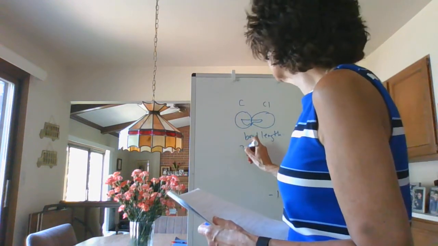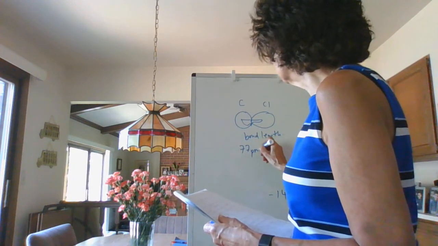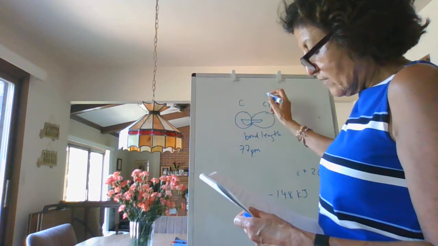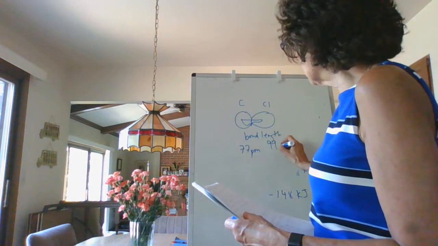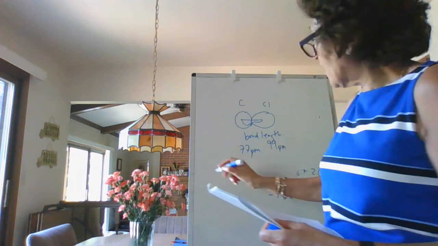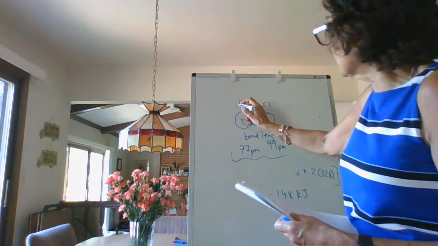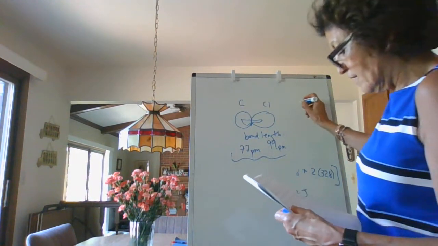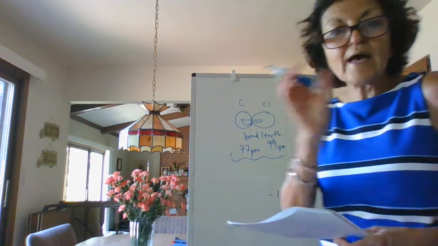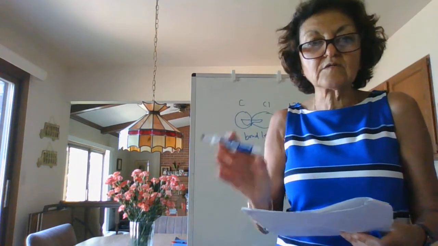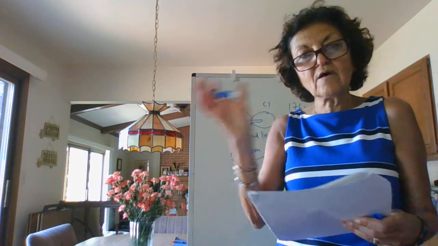The carbon is 77 picometers, the radius, and the chlorine radius is 99 picometers. So you add them together, the bond length of a carbon-chlorine is 176 picometers. So you just add up the radii of the atoms involved to get the bond length that you are looking for.